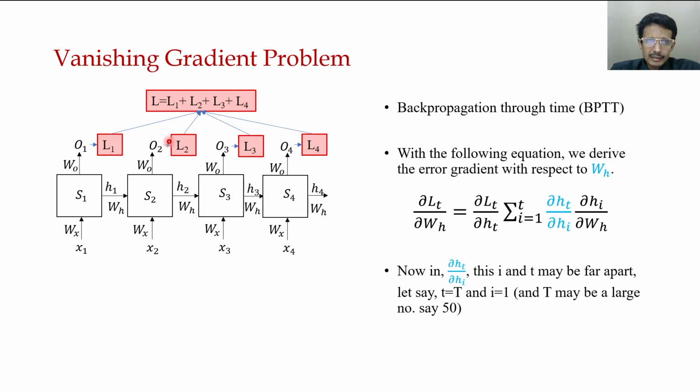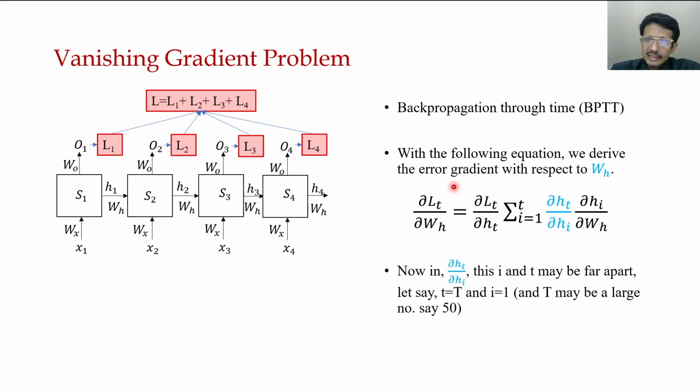In this diagram, we have considered the RNN node 4, and a particular loss function, let's say L4. Now how do we obtain the value of WH? By repeated weight updation.